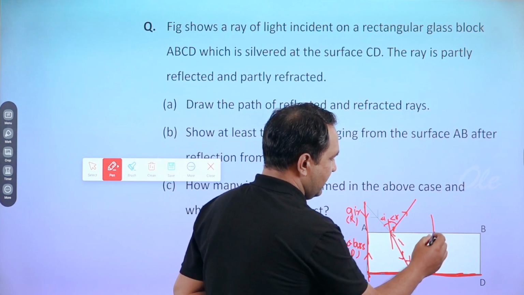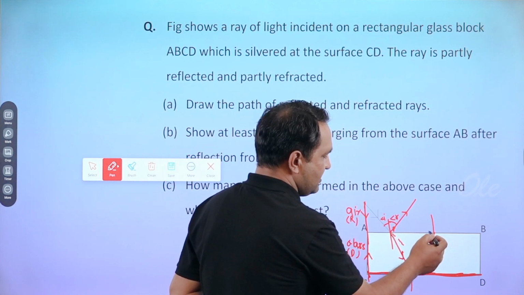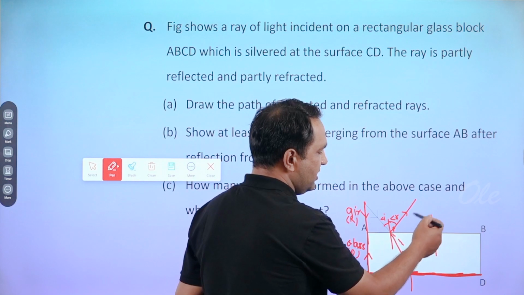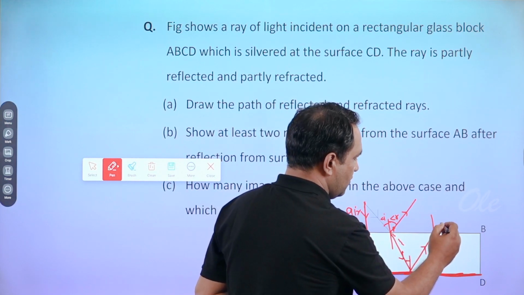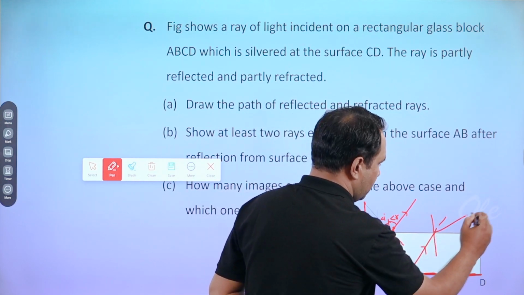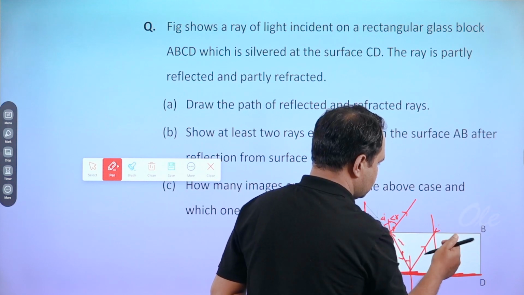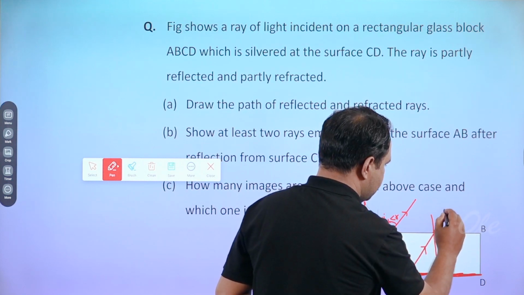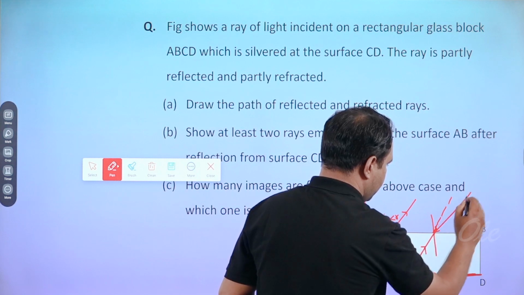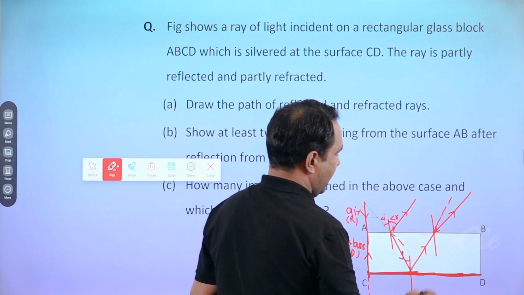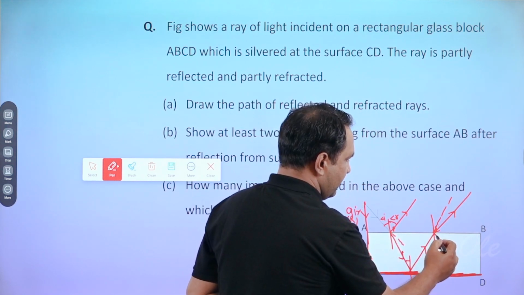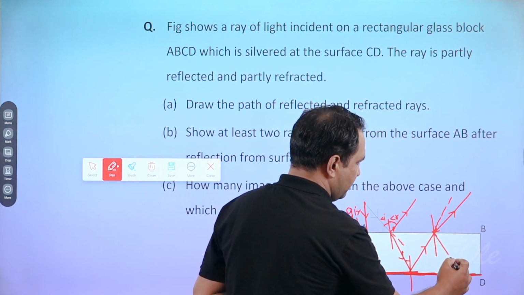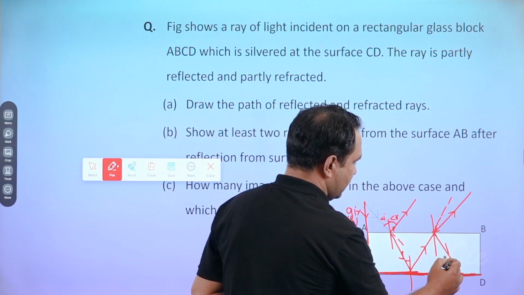So most of the light ray will be refracted, and since we are moving from denser to rarer medium, it should go like this, but will move away from normal like this. And the rest part will be reflected. The partial part will be reflected like this.